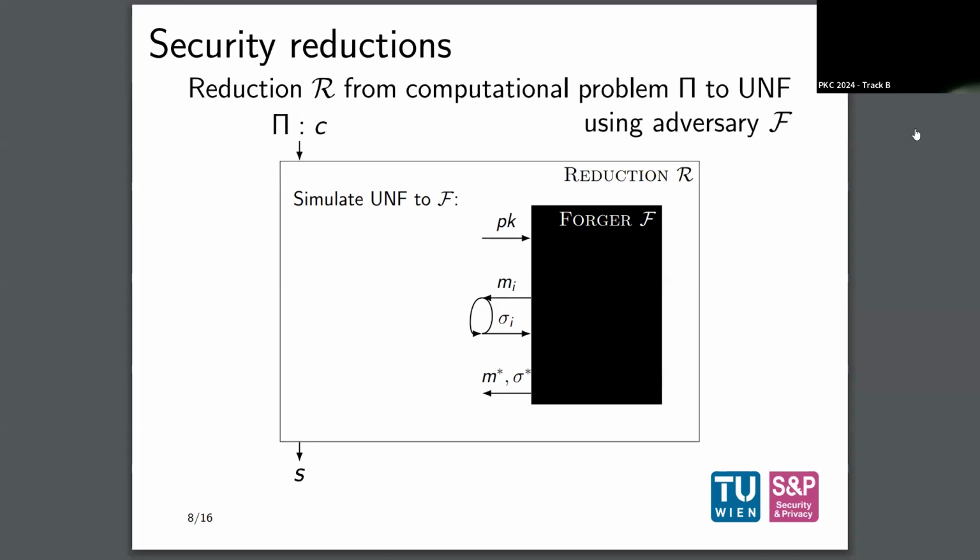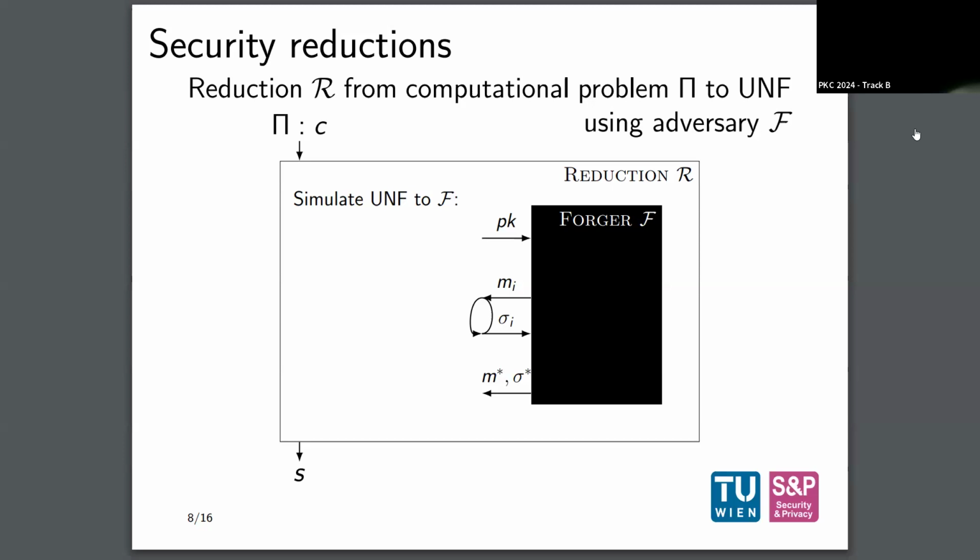Okay, so I presume you're also familiar with security reductions. We look at the forger F as a black box, and we're trying to reduce the problem pi to the unforgeability game, and pi would be a non-interactive assumption.